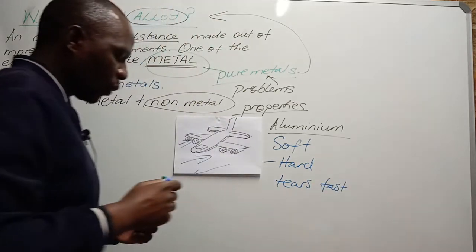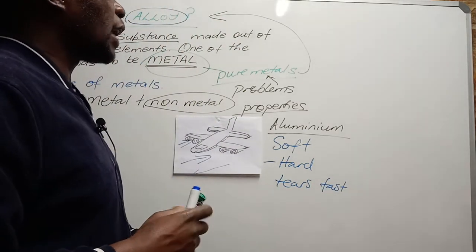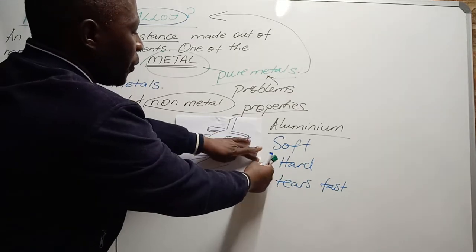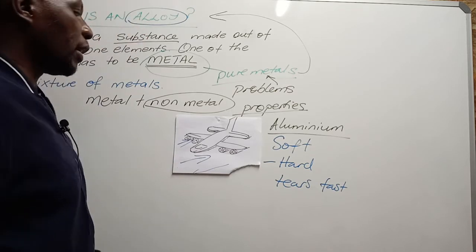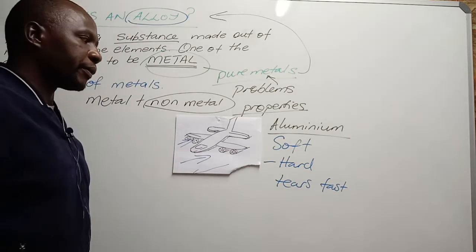The tearing that we are talking about is the actual tearing, like that. So a sheet of aluminium will easily tear.